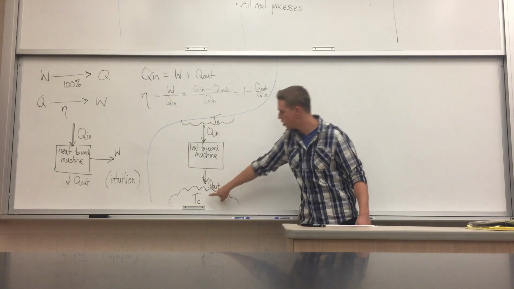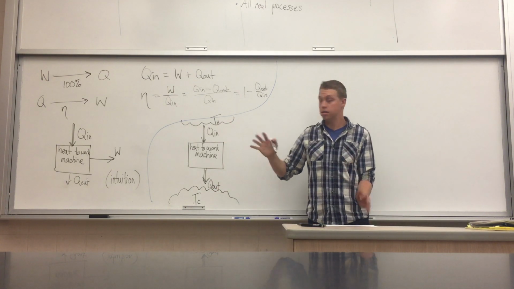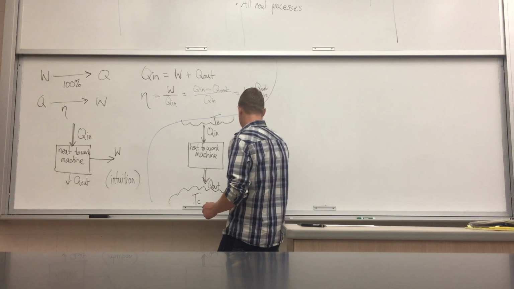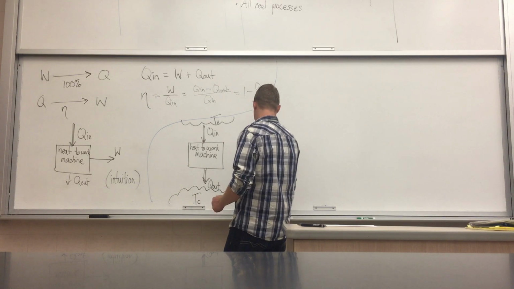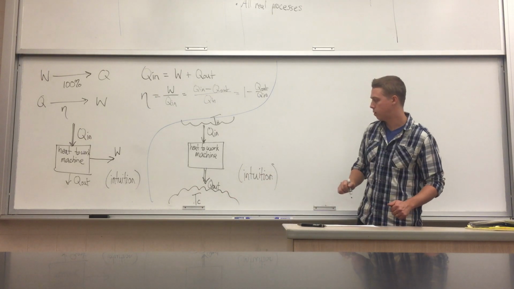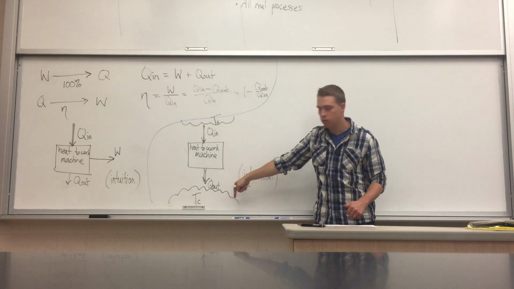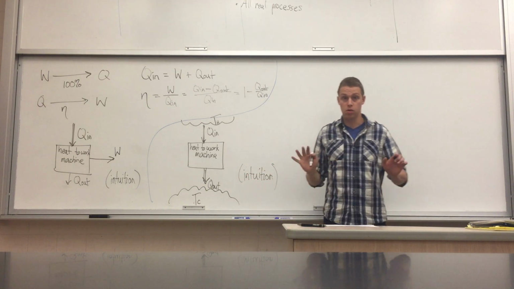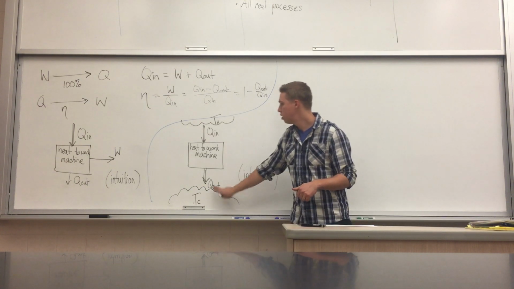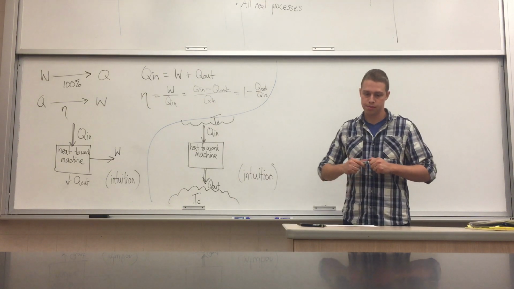I've labeled it TH and TC for hot and cold temperatures. This is another intuition that we have discussed. The fact that heat can only flow from hot to cold on its own, and it can't flow from cold to hot. Again, can I prove that? Just wait and see, all right?